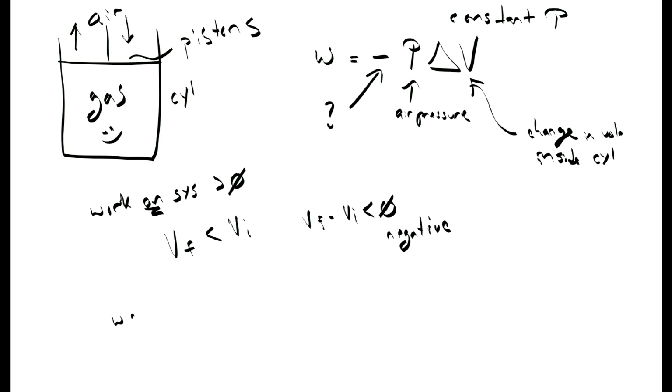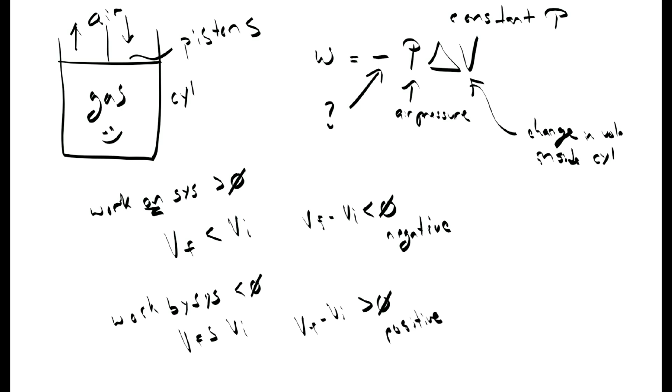And if the system is doing work, then it's pushing out on the piston, the piston's moving out, and thus the final volume is going to be greater than your initial volume, or delta V is greater than zero, positive. So again, we need the negative sign there because we want work to be negative in that case. So work is negative P delta V.